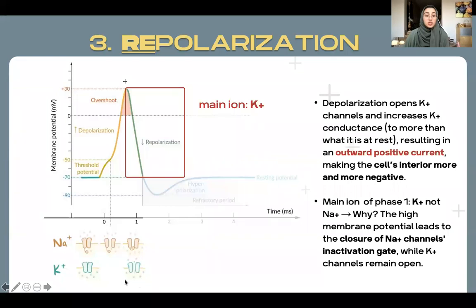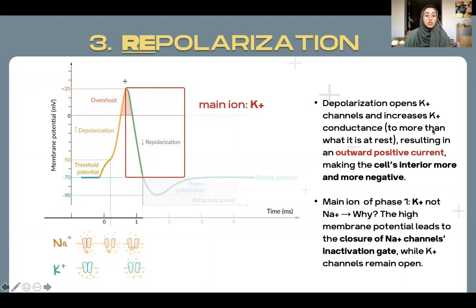When the voltage gated potassium channels open, which are here, see, inactivation gate is closed, potassium channels are open. And now there's a lot of positive charge inside the cell, right? Because there's a lot of sodium inside the cell. And potassium is more concentrated, again, inside or outside? Inside the cell. So does it want to go in to out or out to in? It's going to go outwards. And now you have two driving forces.